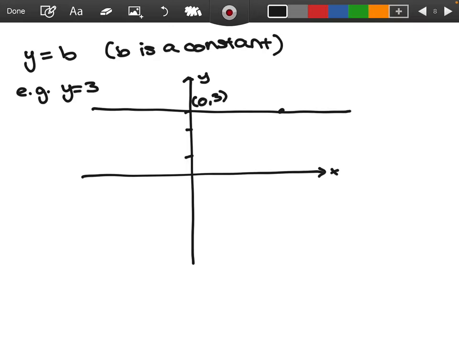My y-coordinate is still 3, so it still satisfies my equation. Same as every point along that line. That means that my line is going to be a horizontal line that runs through that point 0, b. In this case, it's 0, 3. Okay? Because no matter what the x-coordinate is, my y-coordinate for any point on that line is always 3.